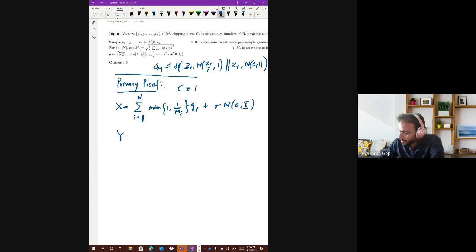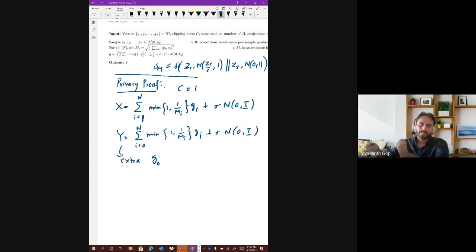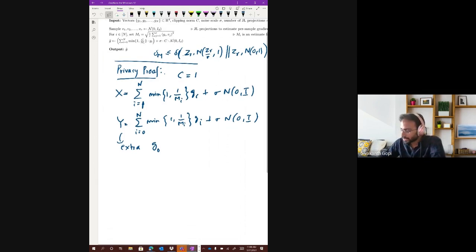And Y is the summation i equal to 0 to N of min of this. Note that this has an extra Z0, the extra user that we are adding. We want to distinguish between this and this, and this is what we want to upper bound.